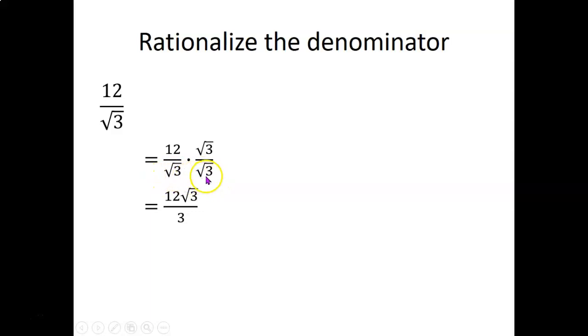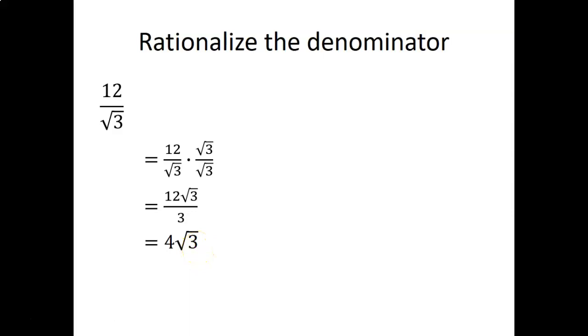Square root of 3 times itself, and then squaring undoes the square root, and you just get 3. And now I see one more thing we can do to simplify this a bit further. The 12 on top divided by the 3 on the bottom would just be 4 times the square root of 3. So 12 divided by the square root of 3 is equal to 4 times the square root of 3.